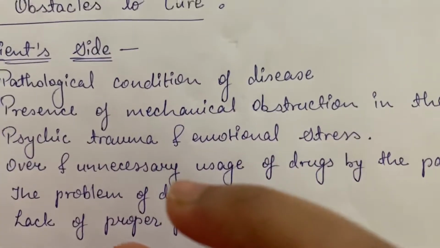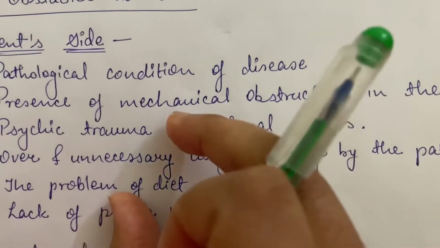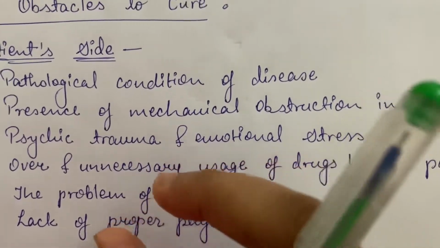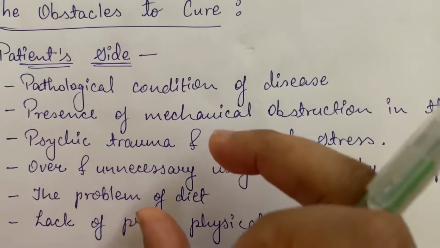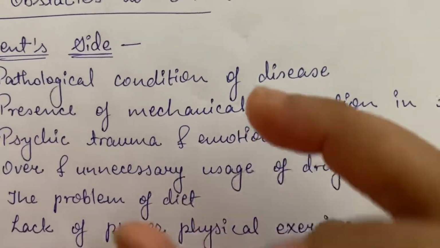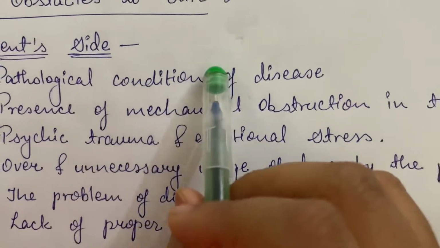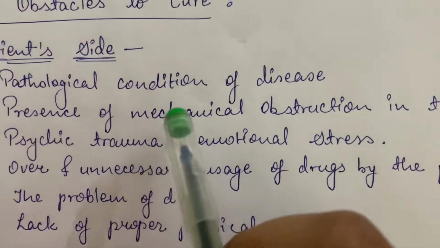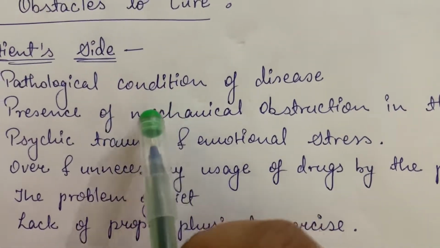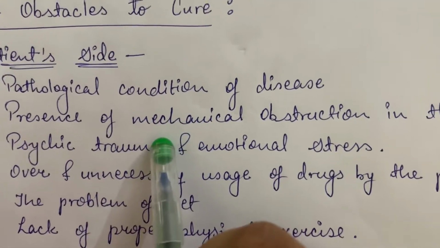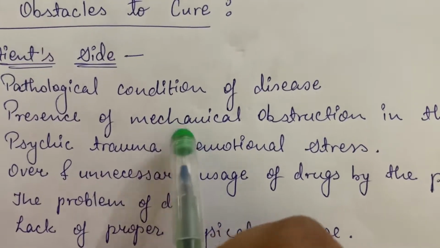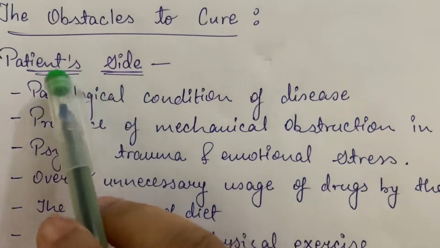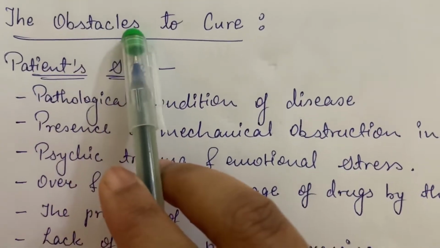There will be an obstruction of those cancerous cells, that tumor, any kind of pathological condition will be the obstruction from the patient's side. That is not the mistake of the patient, but it is the obstruction which has been created by their body and it is not letting the remedy act upon them. Okay, so that will be considered an obstruction itself. So any kind of pathological condition will be considered as the patient side obstacle.